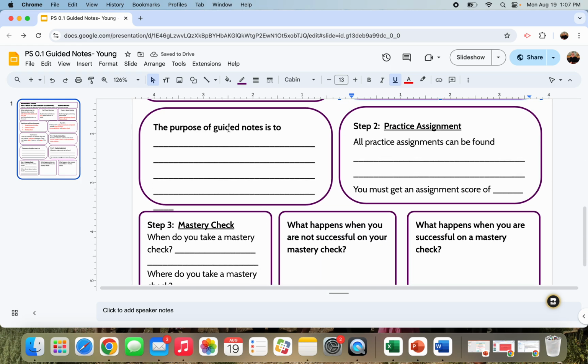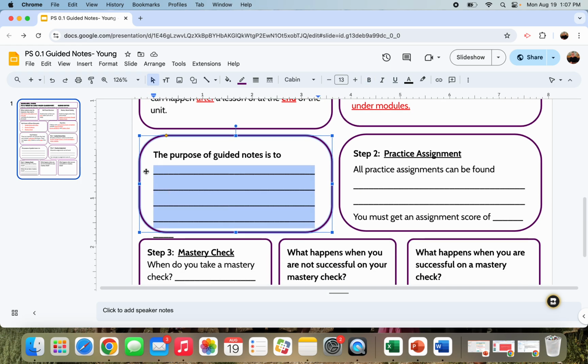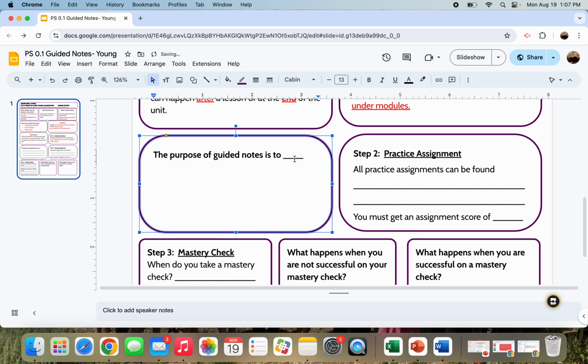Okay? The purpose of guided notes. So what you are doing right now is guided notes. So there's a purpose to it. It's not just busy work. So there's a purpose. Let's write down. So to first improve your study skills, which will help your academic performance.